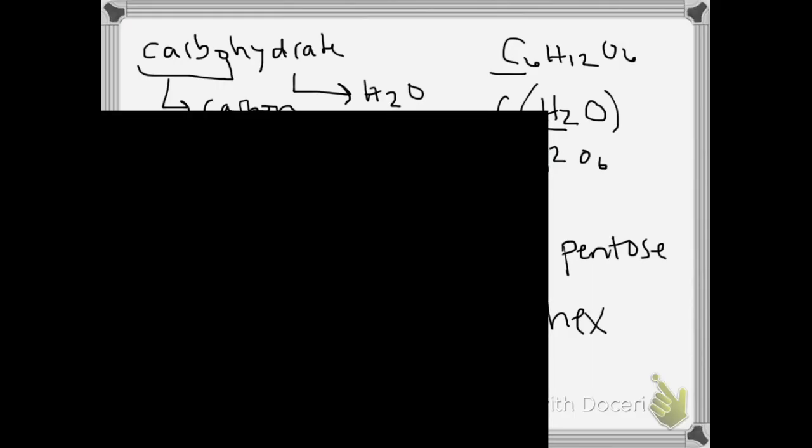If you remember your roots for shapes, you have a pentagon and a hexagon. So pent means 5, hex means 6, and then ose, this is a really important thing to remember. Ose means sugar, so we have lactose, fructose, ribose, deoxyribose, galactose, glucose. If you see ose, then you know that you're dealing with a sugar.